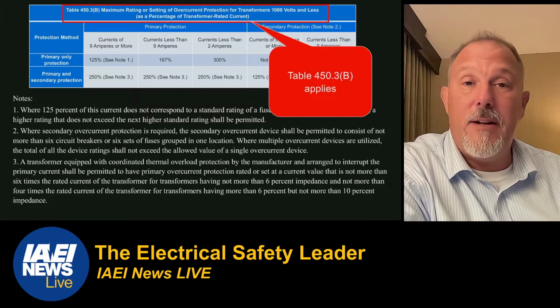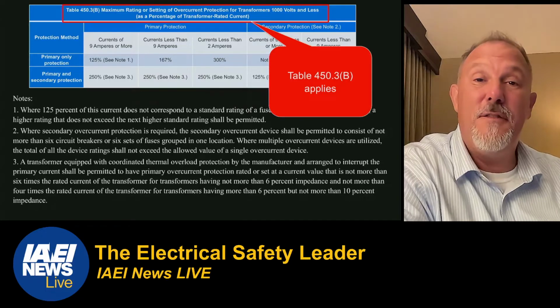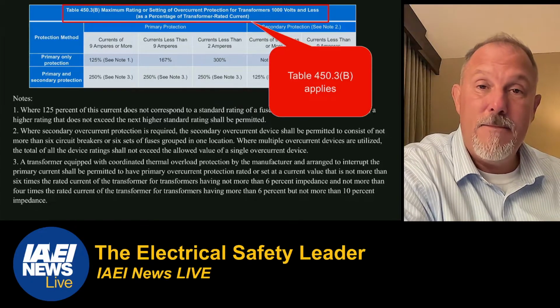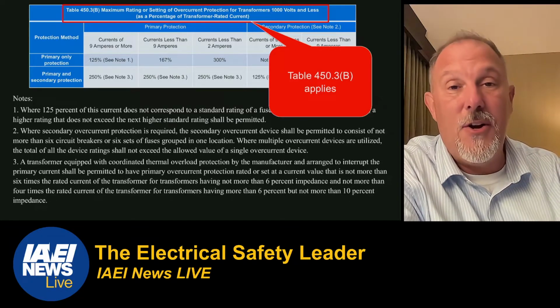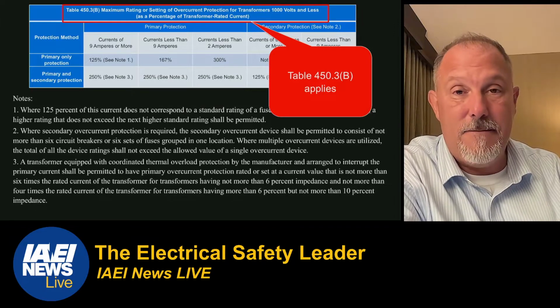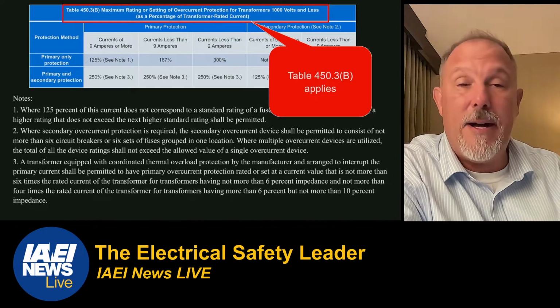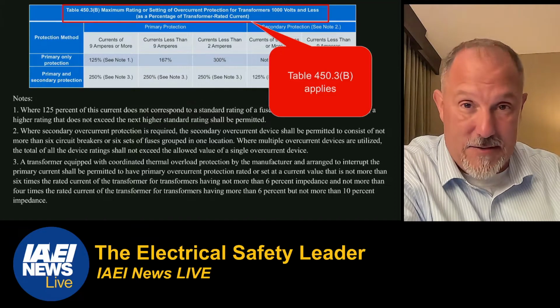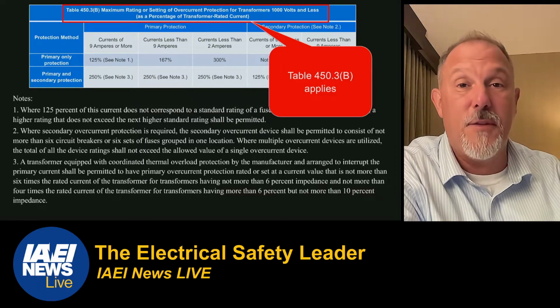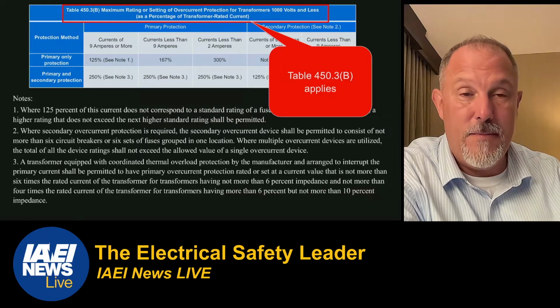We don't talk about sizing of the conductor for the feeder on the line side, or the transformer secondary conductor on the secondary side. We're talking about the primary and secondary overcurrent protective devices here as a percentage of the full load amps of the transformer.